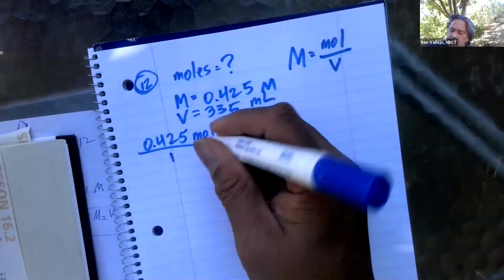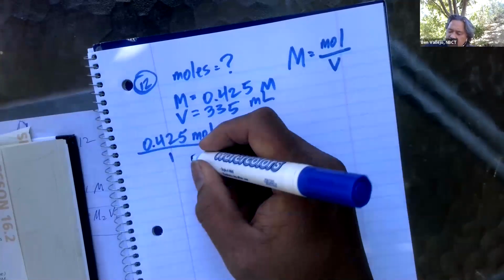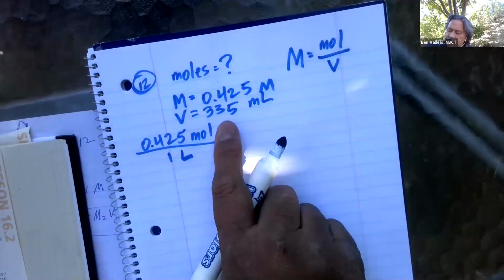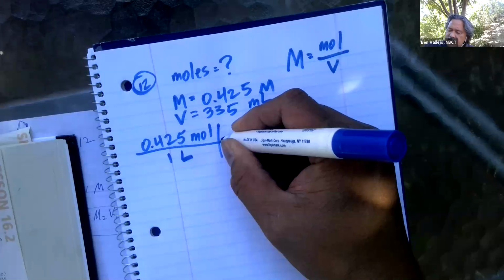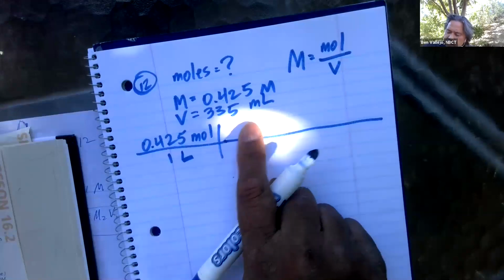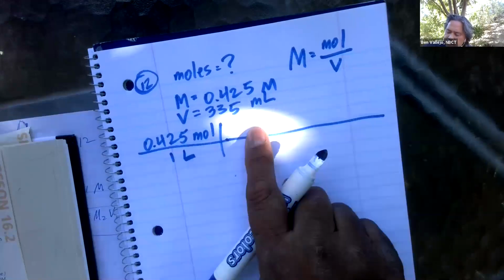But what they've given us is a volume of 335 milliliters. So we need this in milliliters, but we need to cancel out the liters first. So you also know that in 1 liter, there's 1,000 milliliters.